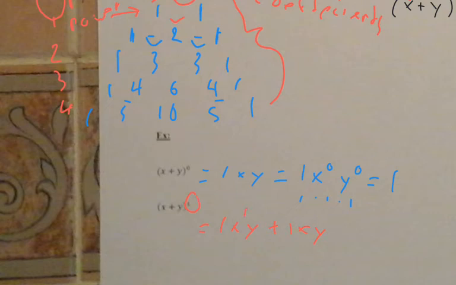We see it's 1, so x starts at 1, y starts at 0, and then x goes down to 0 and y goes to 1. When we simplify this, we have x, because 1 times x times 1 is just x, plus 1 times y is just y. So we get x plus y.